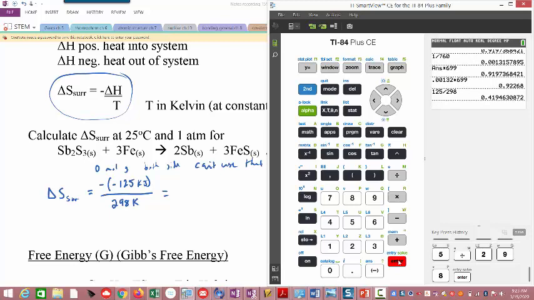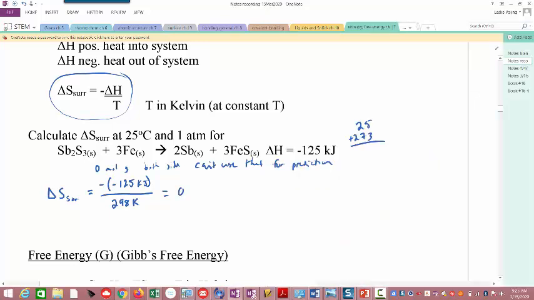So we have 0.419, and our units on this are kilojoules per Kelvin. If instead we want it in joules, 1,000 joules is 1 kilojoule, so that would be 419 joules per Kelvin.